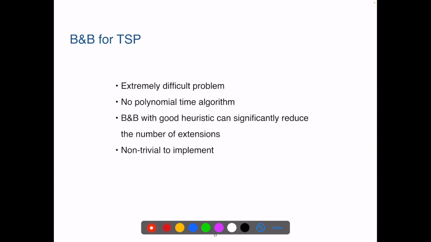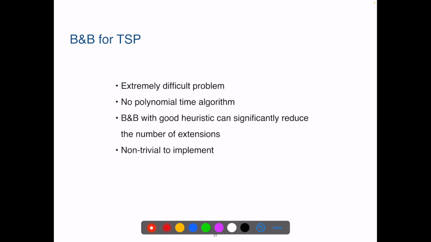To wrap up, the traveling salesperson problem is extremely difficult. The decision version of TSP is NP complete. It means we don't have any polynomial time algorithms to solve this problem. Branch and bound with good heuristics can significantly reduce the number of extensions.